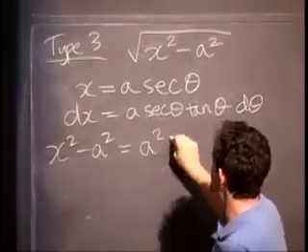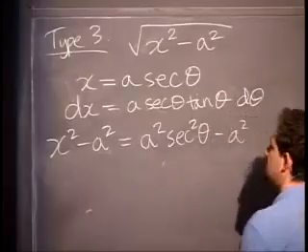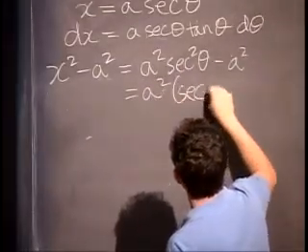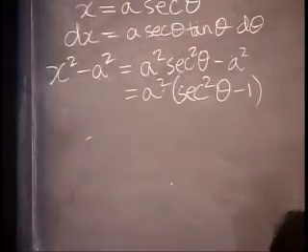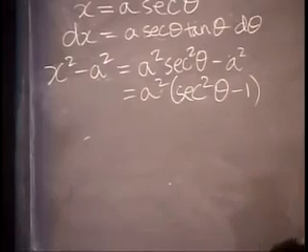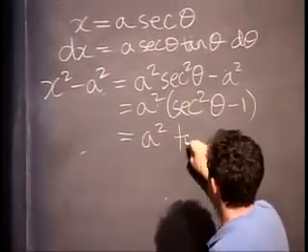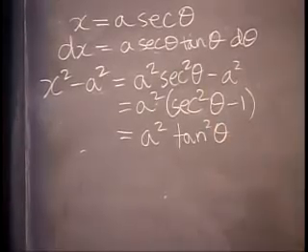That's a squared secant squared theta minus a squared. Factor out the a squared, and you get secant squared theta minus 1. As I said, it's the same identity, but this time we're using it in a slightly different form, and we end up with tan squared theta. Again, easy to take the square root.